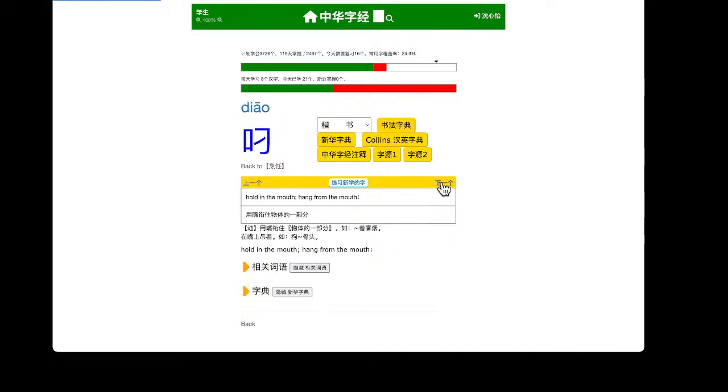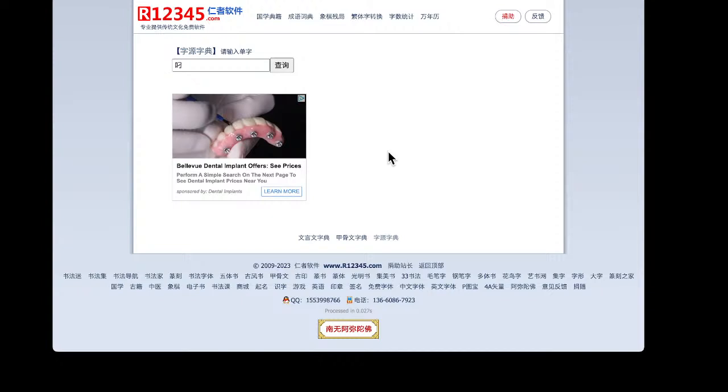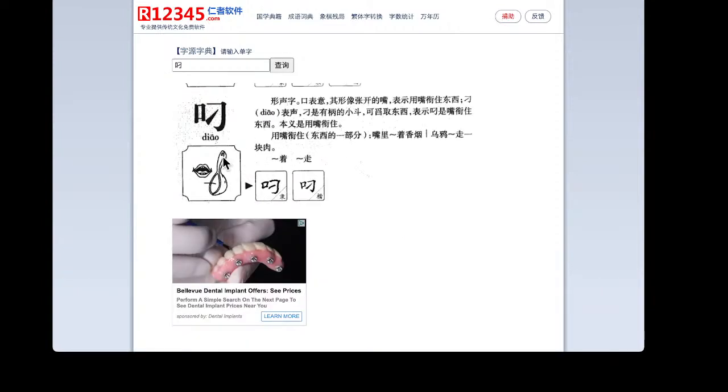Next one, 叼. Okay, 叼 means to hold something in the mouth, or hang from the mouth. Like a dog 叼着骨头, that means the dog is holding the bone in its mouth. 叼着香烟, that means the person is holding a cigarette in his mouth. Now this one is also very easy.